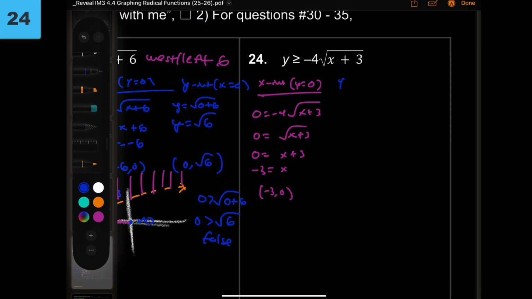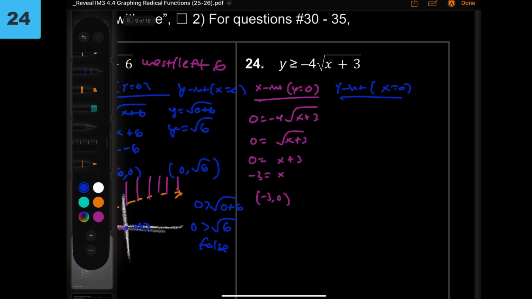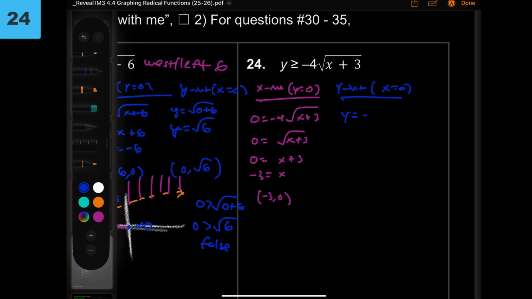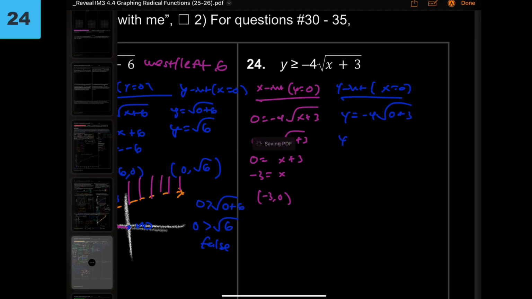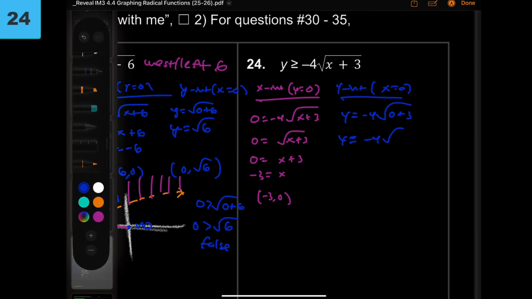Okay, let's find the y-intercept. Let's make x equals 0. Remember, we're just treating it as an equal sign, so it's something we can work with. And then you're going to have -4 times the square root of 3. So (0, -4), you just know it's a negative number.